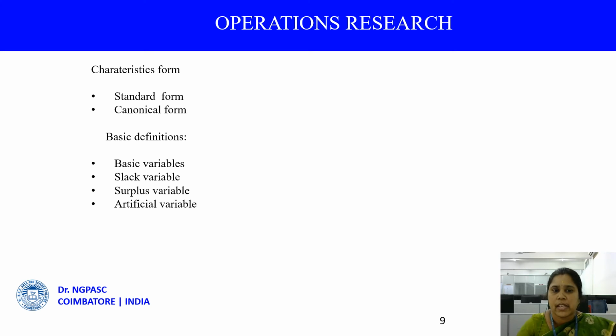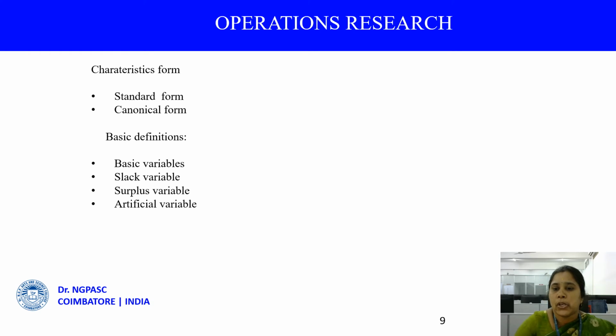The surplus variable works in the same manner as the slack variable. In the surplus variable case, the greater than or equal to type is converted into equality type. So here we subtract the surplus variable and add the artificial variable to equal the constant in the constraint.